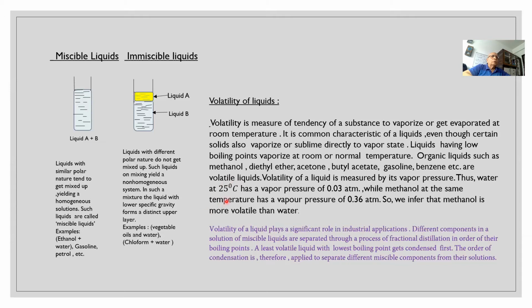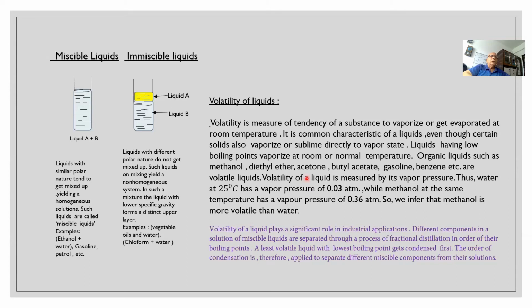For example, we know that a liquid which has a lower boiling point is more volatile. A liquid having a higher boiling point is less volatile.